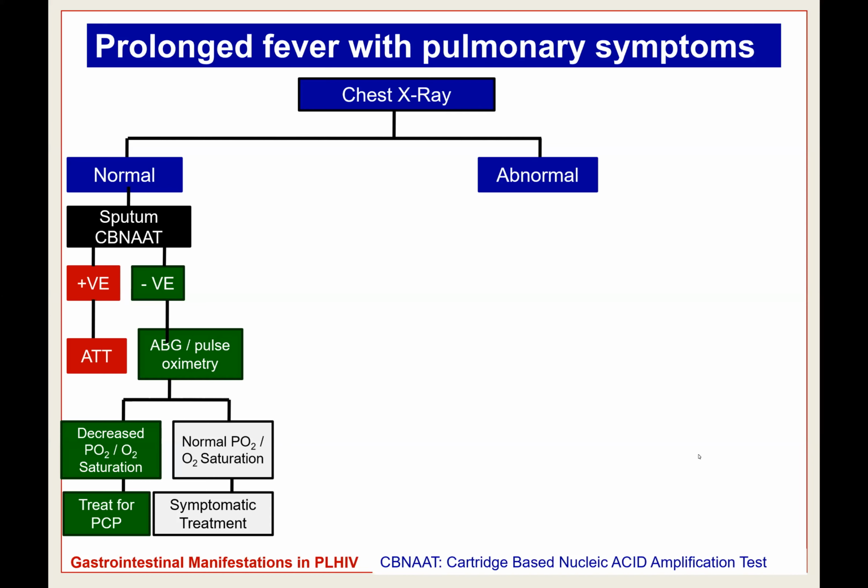So that is the treatment of PCP. But if saturation is normal, then again you can just treat patients symptomatically if the X-ray is normal.